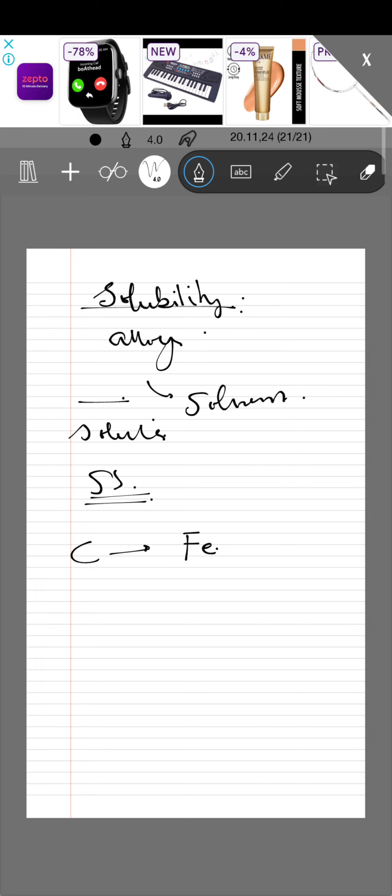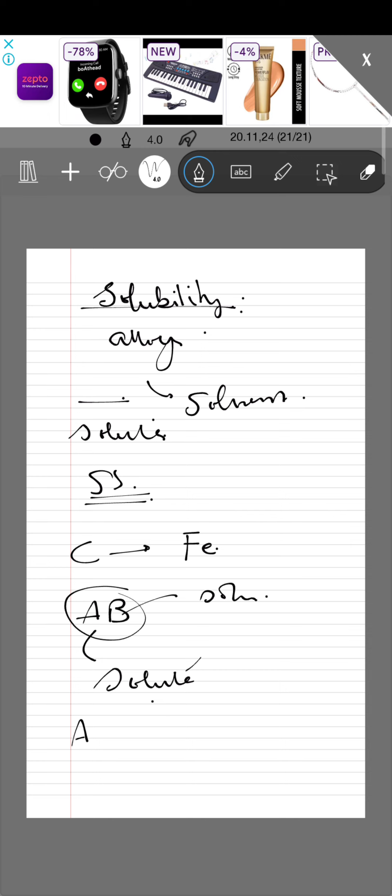So it can be any alloy system. Let's take an alloy system where we have two different types of elements, A and B. If we consider A as the solute and B as the solvent, then the solubility of A in the solvent B is what we need to look for while studying solubility. And this solubility again depends upon a thermodynamic quantity called chemical potential.